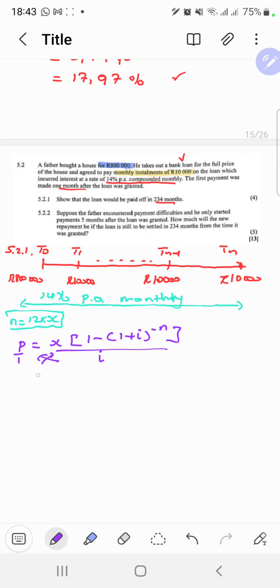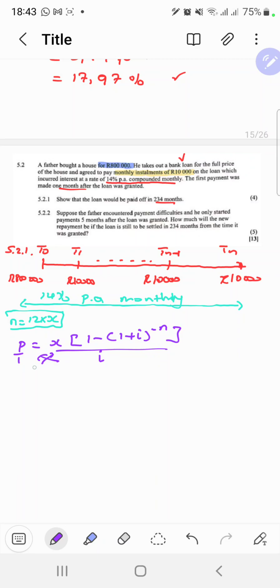So first of all, what am I looking for here? I'm looking for n. So to get n, I'm going to have to multiply that and divide by x.